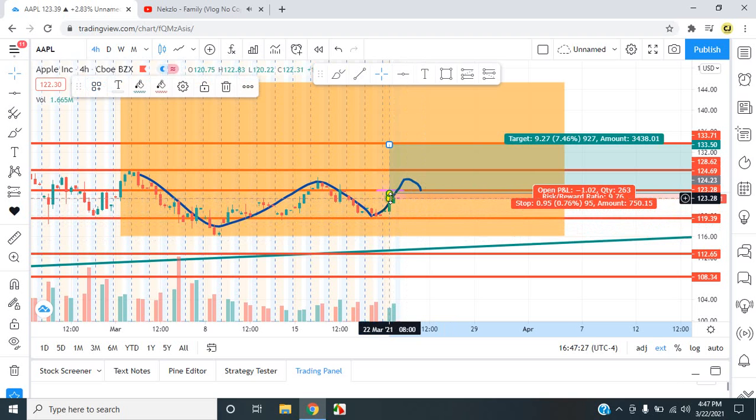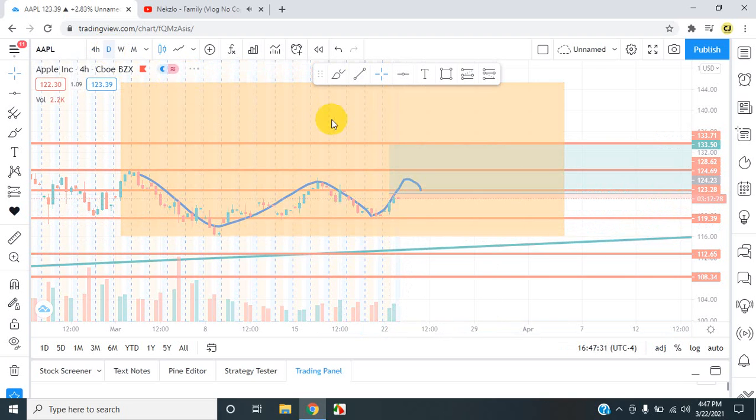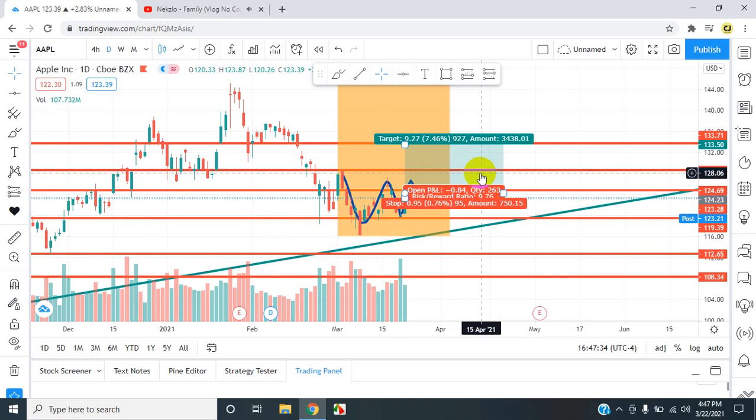So we're looking at a total of 927 pips estimated for TP, take profit.